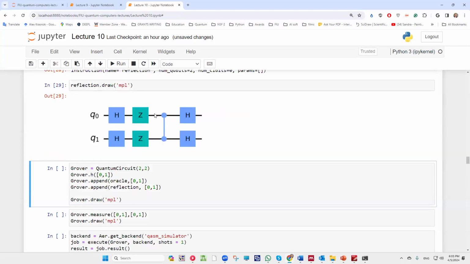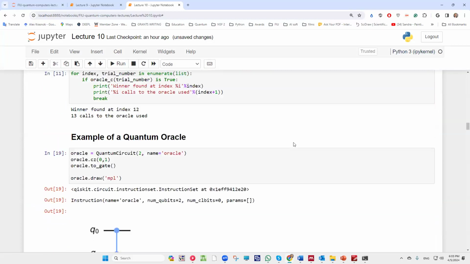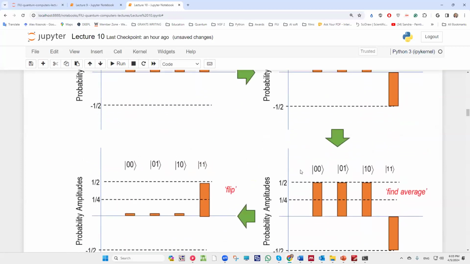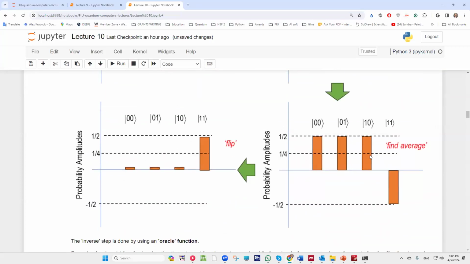The reflection operator is pretty much the same for all circuits, for all algorithms. So there is no need to design this one, because all it does is reflect all states simultaneously across a particular vector. In this case, it was this averaged vector.